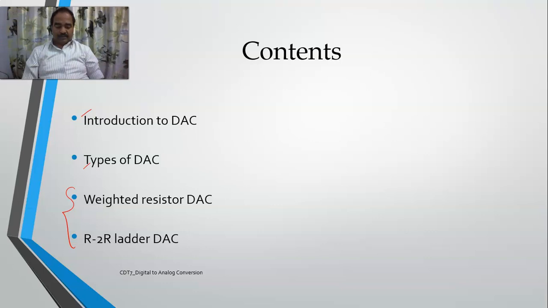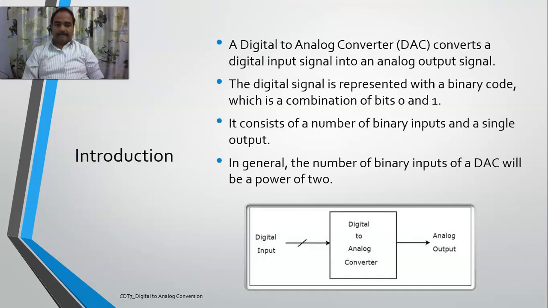So coming to the introduction of DAC, a DAC, often referred to as a digital to analog converter, converts a digital signal to an analog signal. This is the block diagram of a DAC where the digital input is processed, and you get an analog signal as an output.